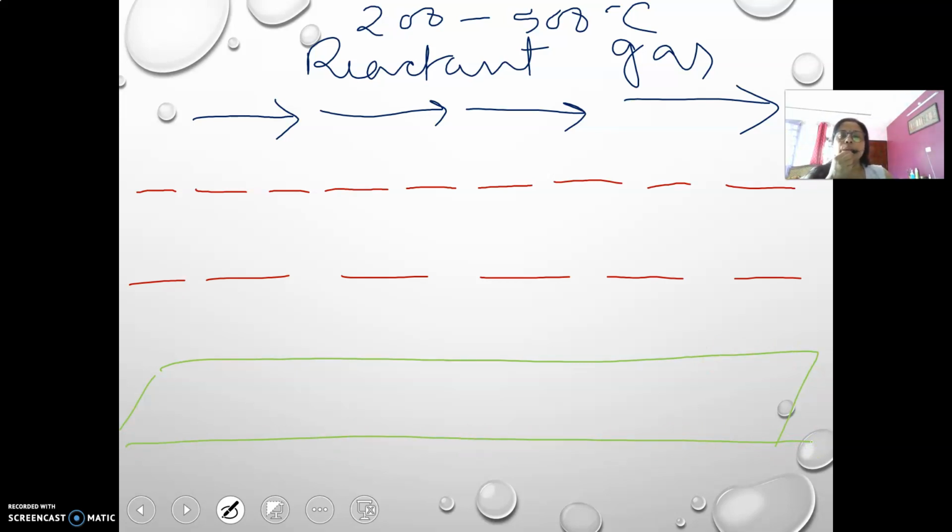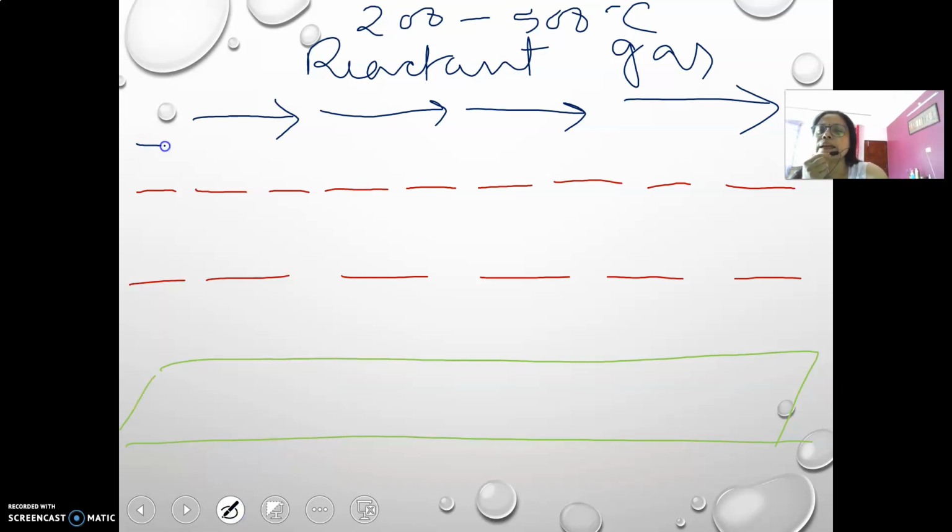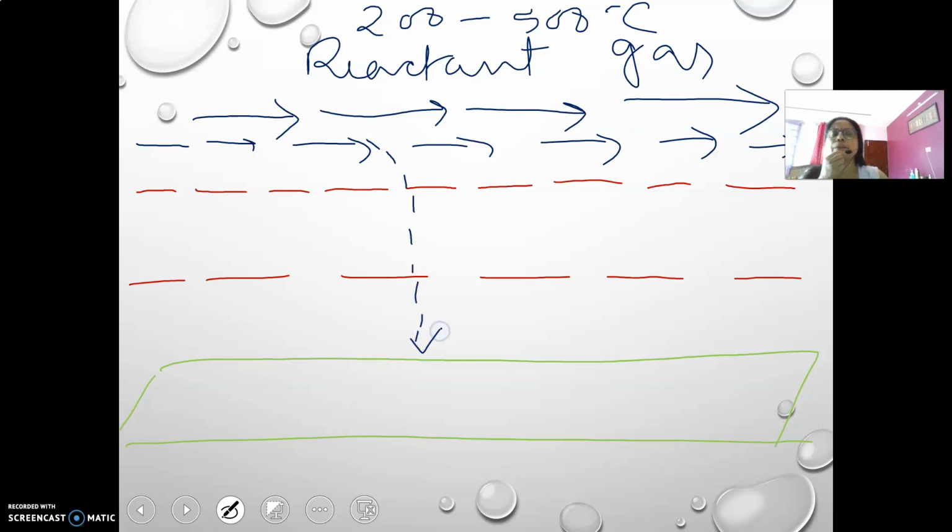Then what will happen while this reactant gas is moving, since they are in the gaseous form, is that they can diffuse through wherever they get some space. So it is quite possible that some of the reactant gases may diffuse through the holes present in the boundary layer.